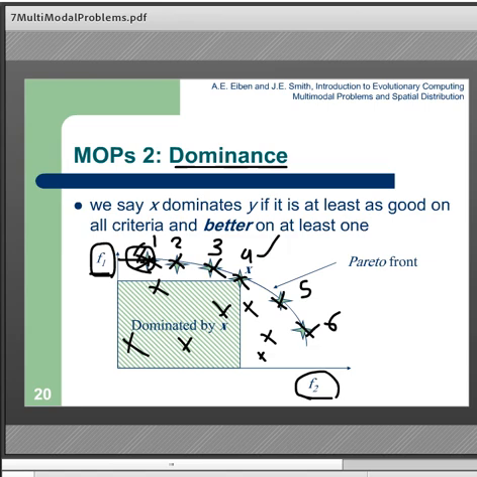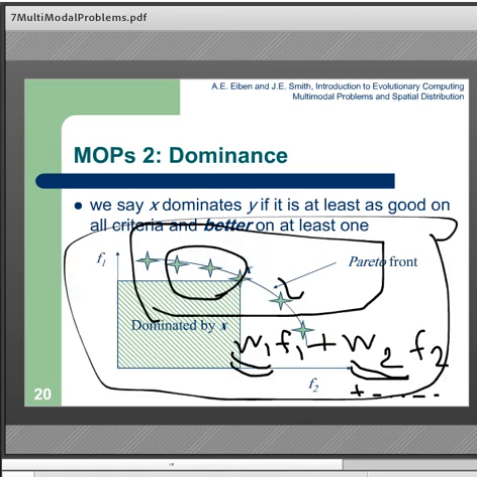For example, you say 4 is the best, but 3 is better in F1 than 4. Some say 1 is the best. 1 is the best by F1, but by F2, 2 is the best. 6 is the best.